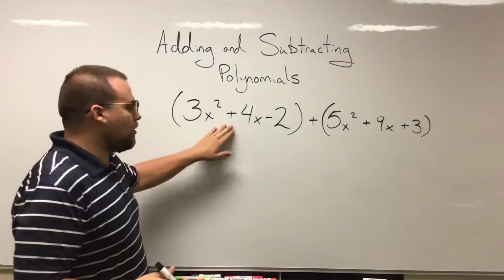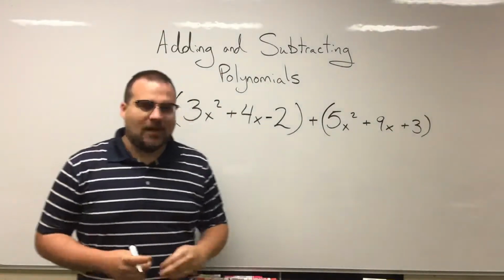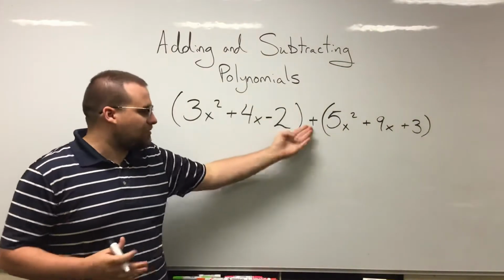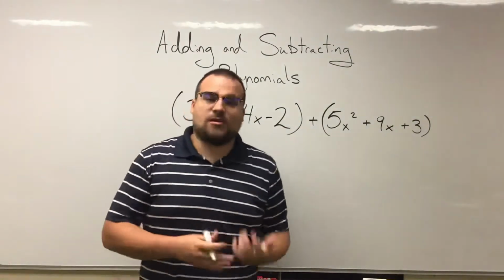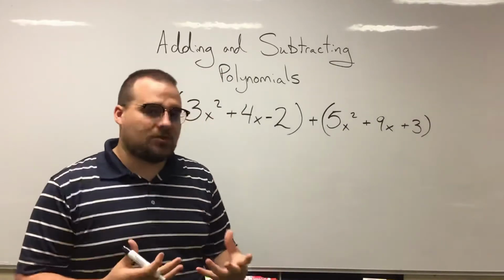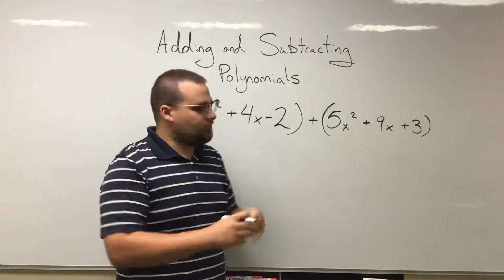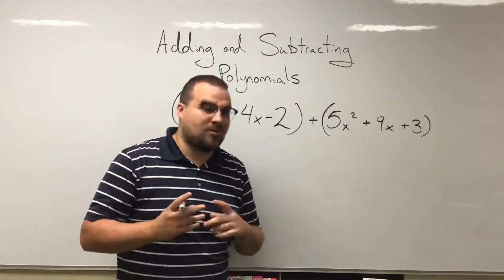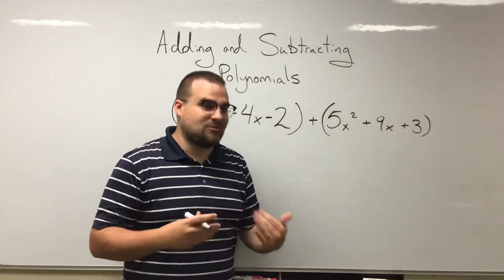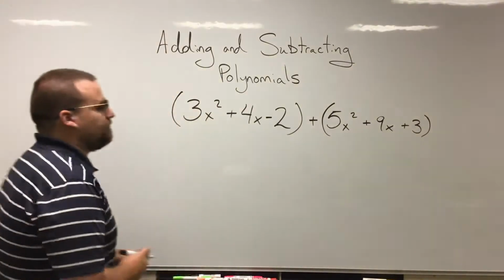Because this on its own is a polynomial, this on its own is a polynomial. And we are going to add them or combine them in some way to make a new single polynomial. But right now, at this point in the problem, they're two separate expressions. Maybe it's not going to be that important in our addition problem to recognize that they're separate, but I bet it will when we talk about subtraction in a minute.